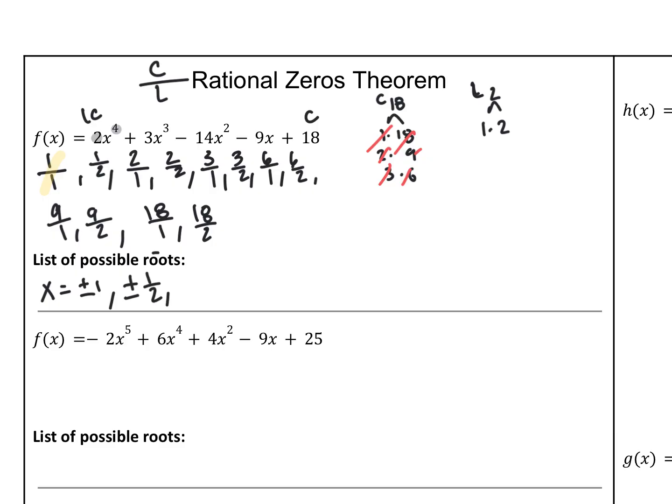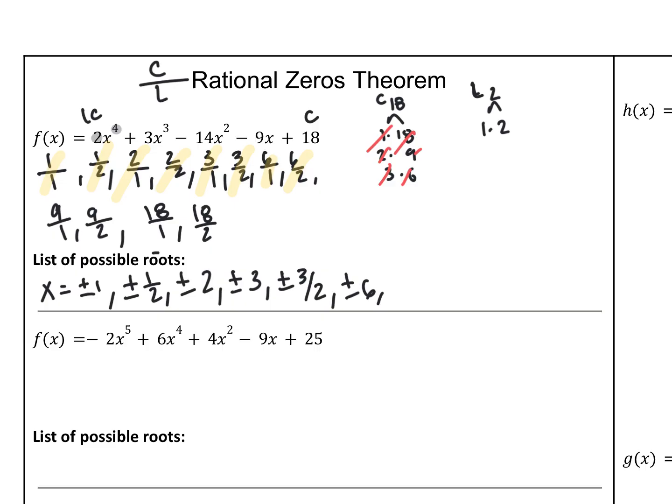The next one is 2 over 1, so positive or negative 2. And then 2 over 2, I don't really have to write it because 2 over 2 is the same thing as 1. So I'll move on to the 3. 3 over 2, 6. 6 over 2 is the same thing as 3, so I don't have to write that one.